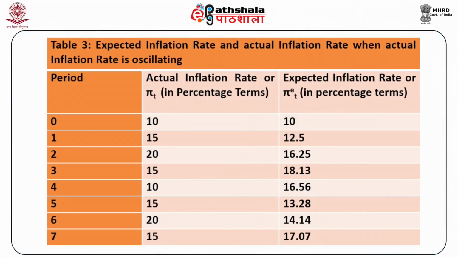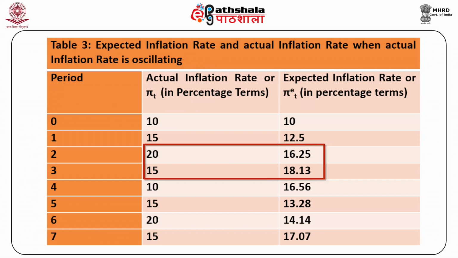The table clearly shows that individuals are expecting an inflation rate that actually never occurs in the economy, and never expected the inflation rate that actually occurred in the economy. Moreover, consider the expected and actual inflation rates during period 2 and period 3, which is highlighted in red color above in the table. When the actual inflation rate is falling, people are expecting it to rise.